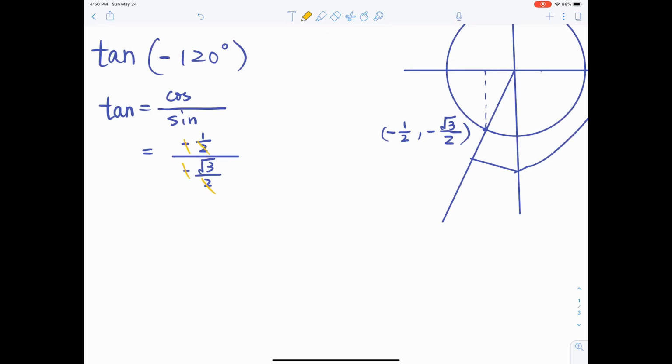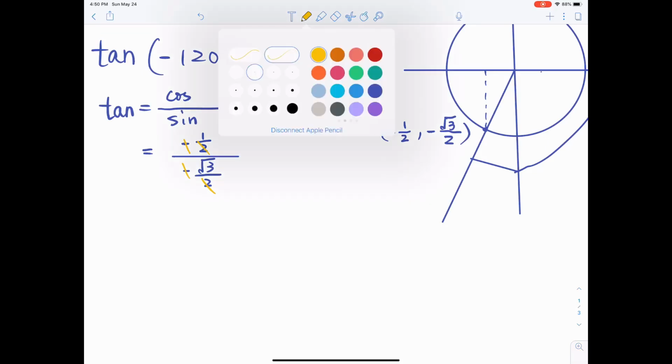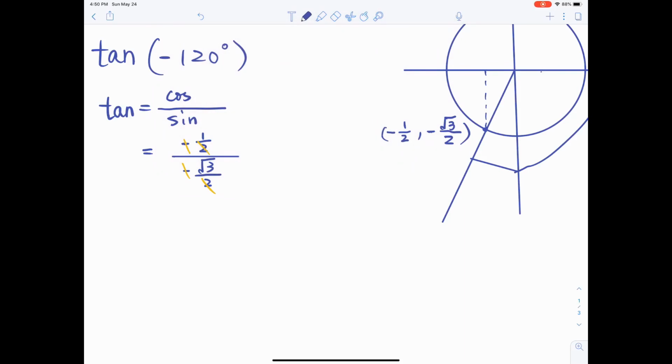And the bottom 2, we can cross cancel. So it is 1 over root 3. It is root 3 over 3. So this is the result.